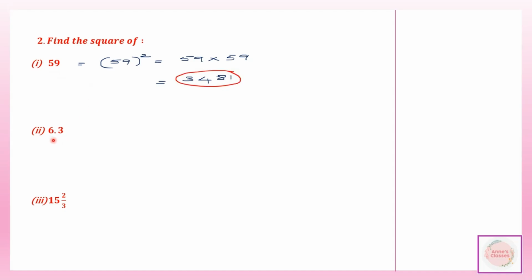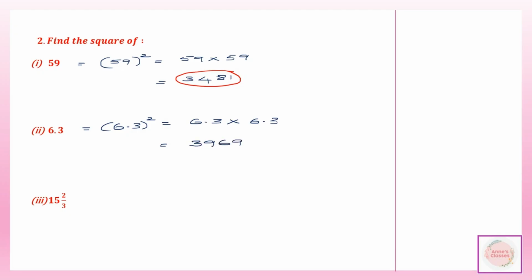Now we have to find the square of 6.3. So how do we write that? The square of 6.3 is 6.3 raised to the power of 2, which is 6.3 into 6.3. So when you multiply, we remove the point and multiply 63 into 63. When you multiply 63 into 63, you get 3969.